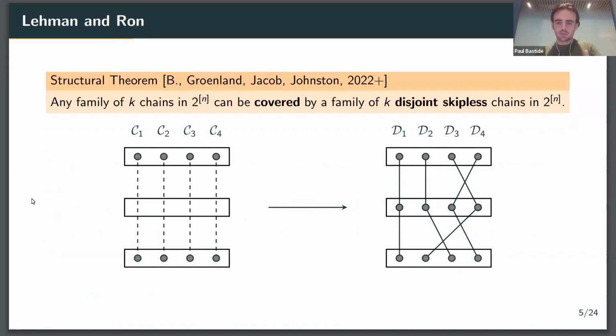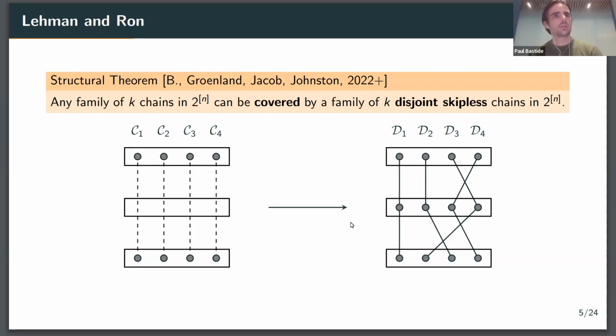And just to give you an intuition of what happens, here you see a picture that represents what Lehman and Ron proved. For example, you have a matching, so chains of size 2, going from some layer here to some layer below. And you want to find disjoint skipless chains that cover everything. Okay.